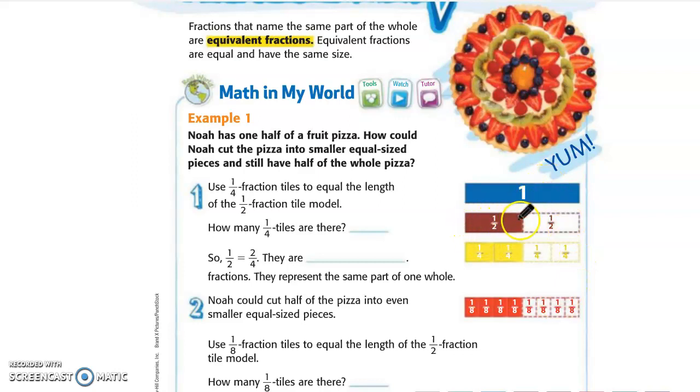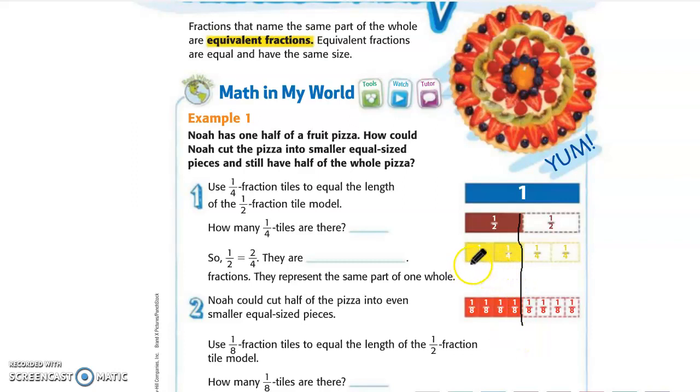But if you look at just these fraction pieces, take a look at how I can draw a line straight down the middle. And these are all the same size.